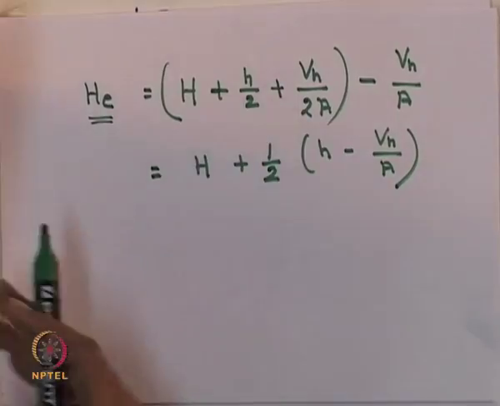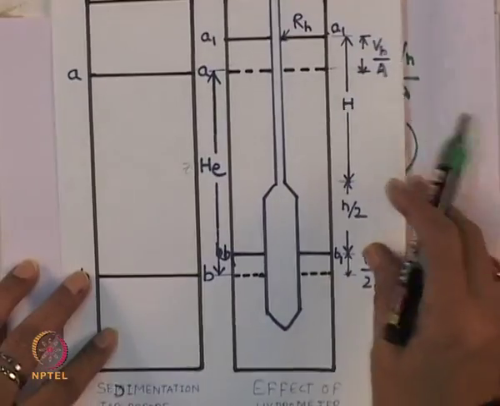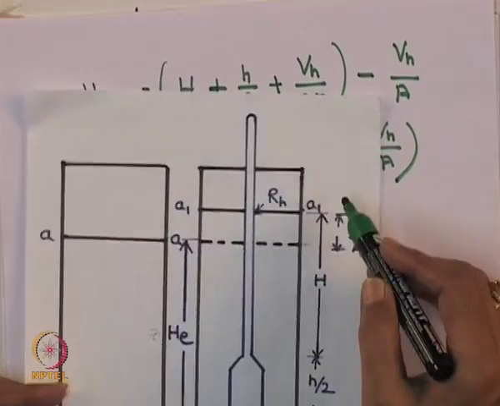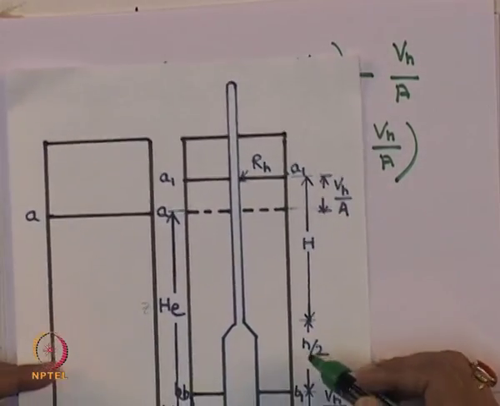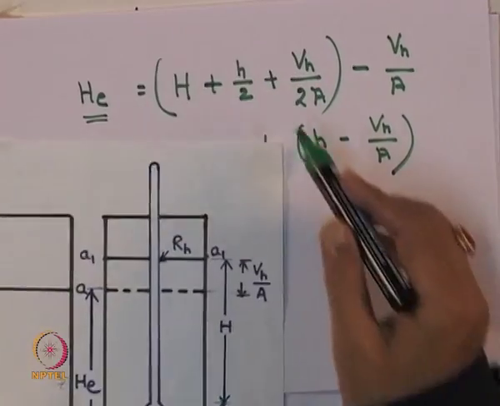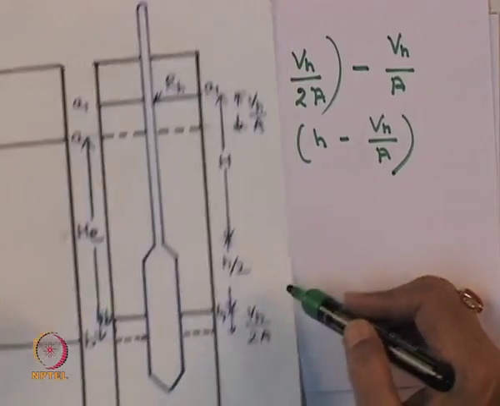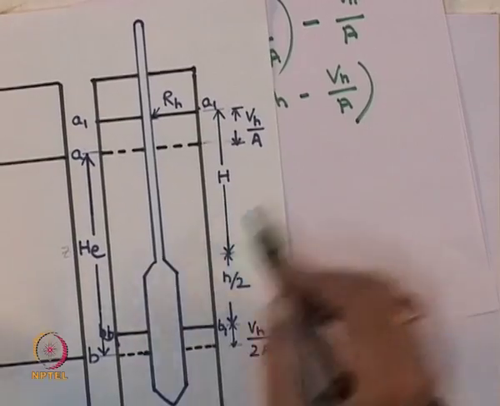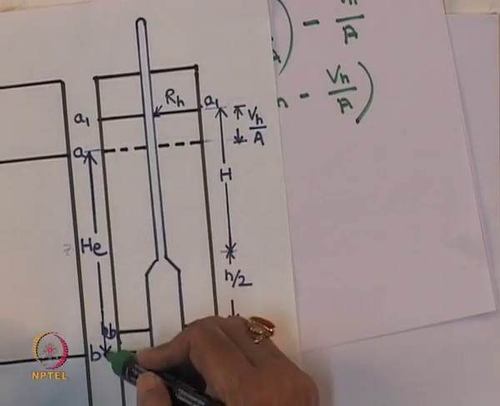So from this hydrometer reading, you can see here this is H, this is H by 2, and this is VH by 2A, and then minus VH by A, because we are taking the reading from here to here.